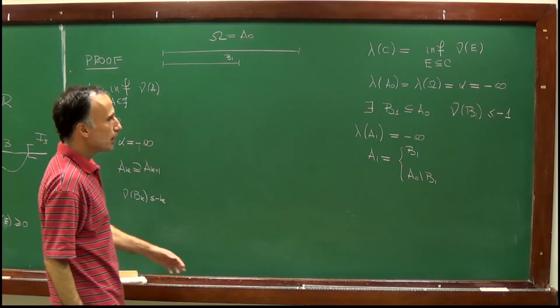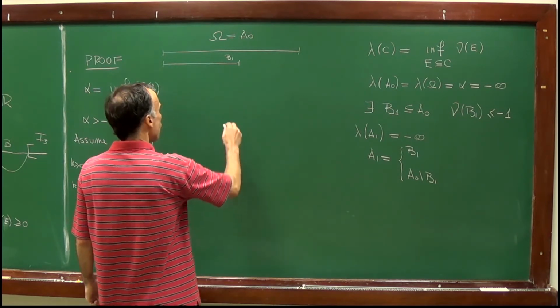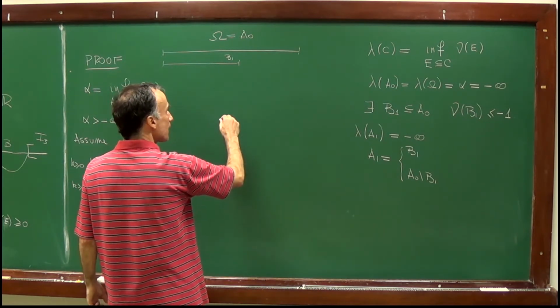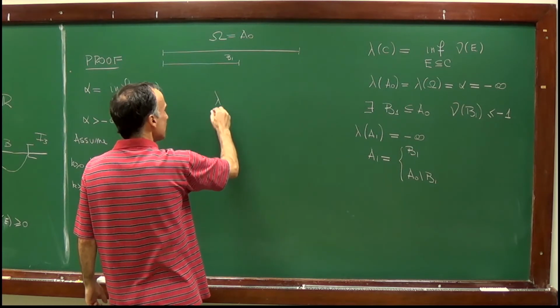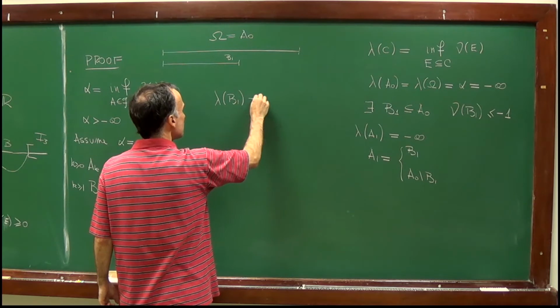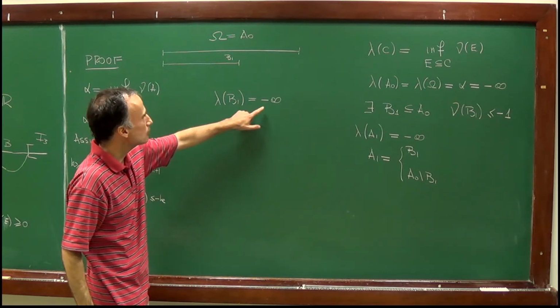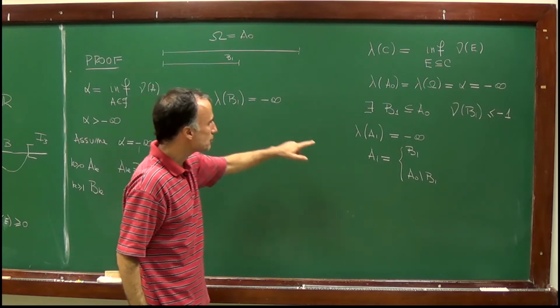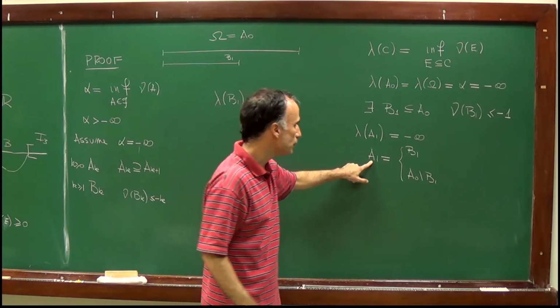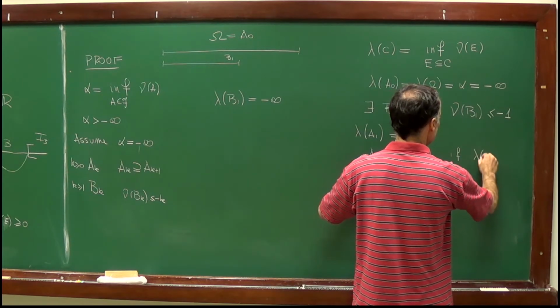And how should I choose A1? Well, what I claim is that, assume that lambda of B1 is equal to minus infinity. In this case, I will set A1 to be equal to B1.